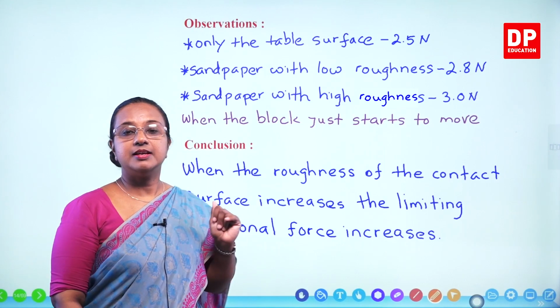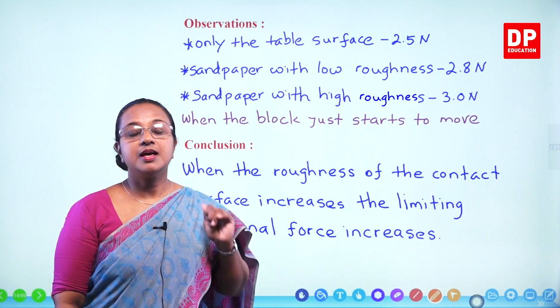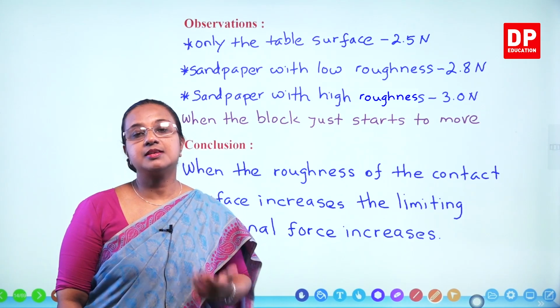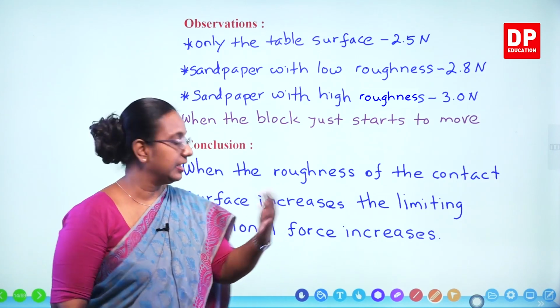So that means the nature of the contact surface affects the frictional force, and when the roughness increases, the limiting frictional force increases.